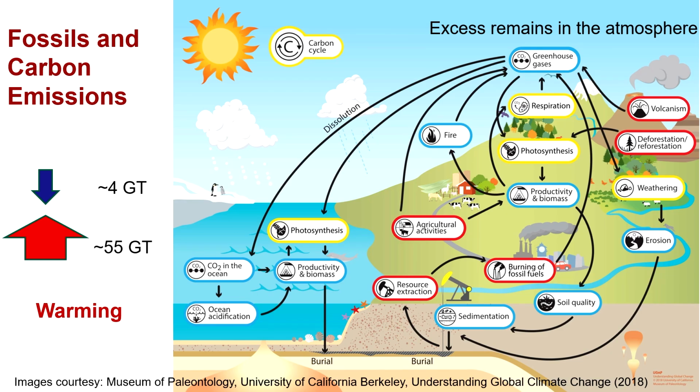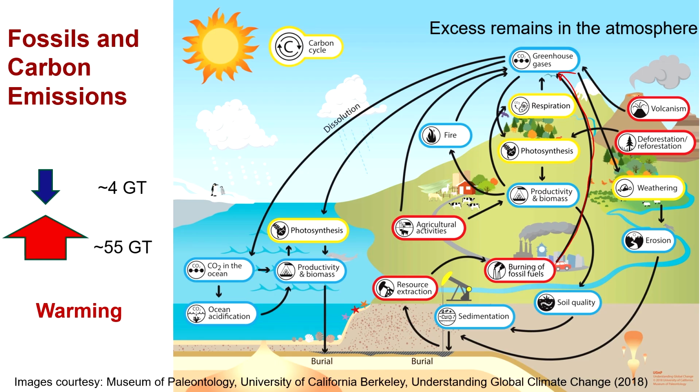On top of this, today we have resource extraction because of the requirement to meet our needs. We extract resources like coal and a variety of other minerals from the earth, for which we need energy. We burn fossil fuels, which are then converted into carbon dioxide.